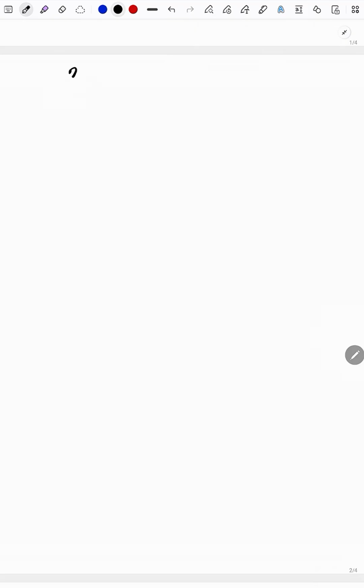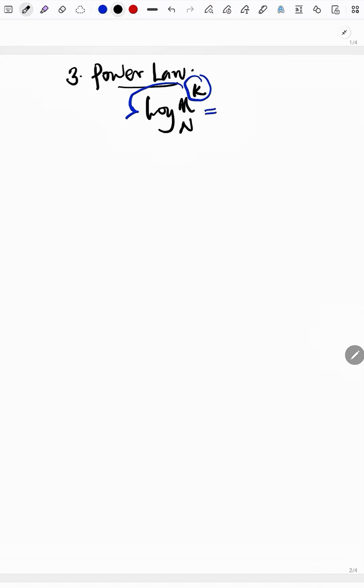Moving ahead to the third law, which is what we'll call the power law. Now, what does our power law say? Our power law says log m raised to power k base n simply says that your power, which is k, is going to come down here. If it comes down, this becomes k log m base n.